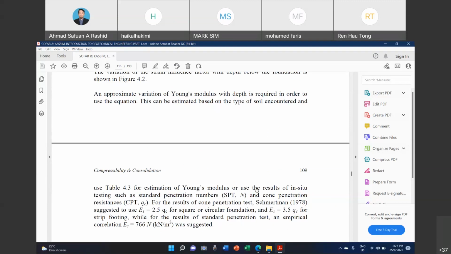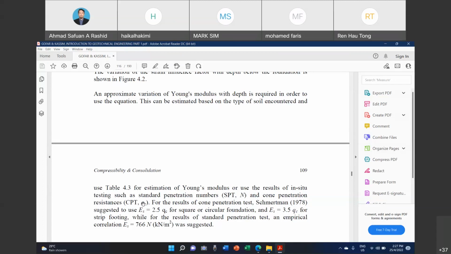The value obtained from the SPT is the number of blows, which is N, while the value obtained for the CPT is the resistance or the friction, and normally it is measured by stress.